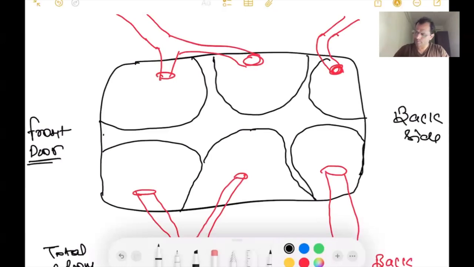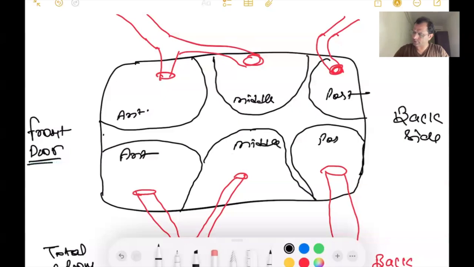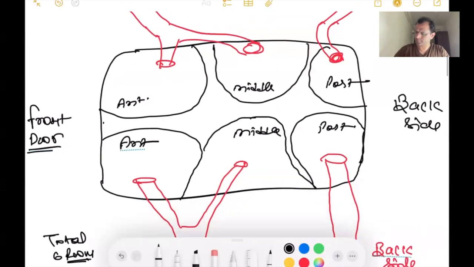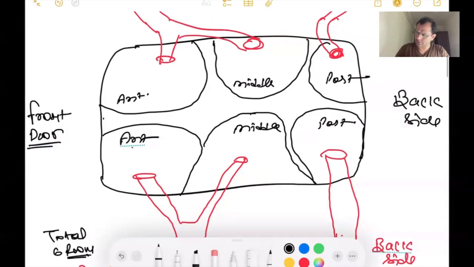I told you, this is the anterior part of the home, this is the middle part of the home, and this is the posterior part of the home. Same, this is the anterior, this is the middle, and this is the posterior part of the home. And we have done the comparison with the brain. So we can consider the anterior part of the brain, middle part of the brain, posterior part of the brain.